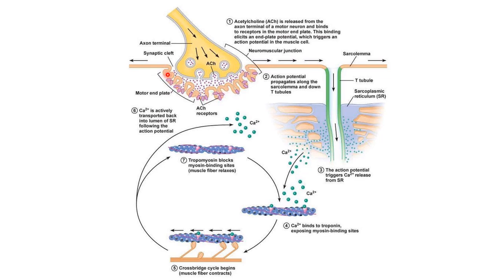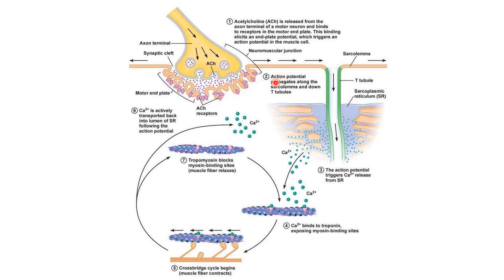It will bind over there, and this is your neuromuscular junction. This will result in the opening of voltage gated Na positive ion channels, and it will result in the entry of Na positive ions into the muscle cell.